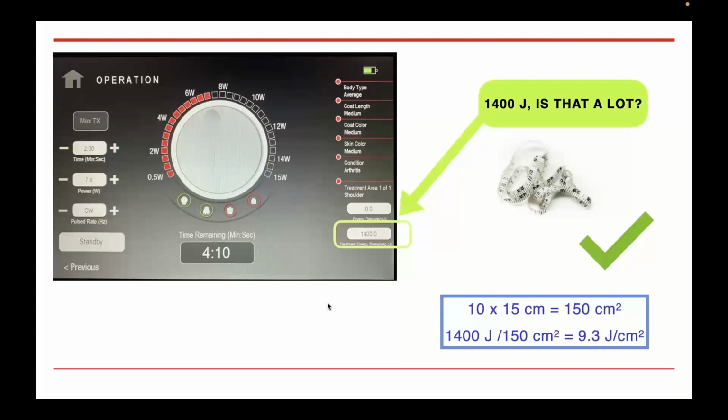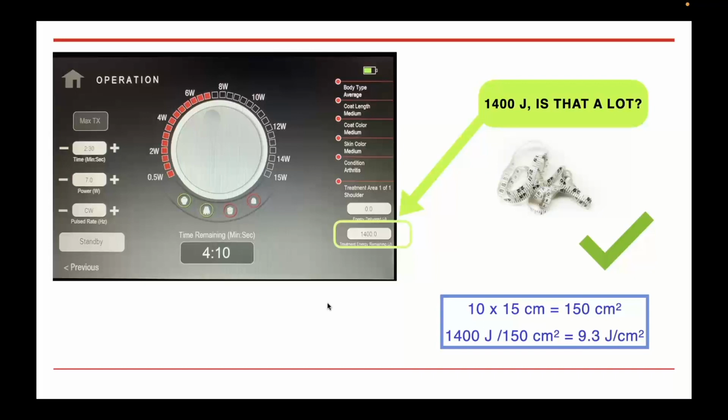Imagine we select through different screens until we get to our treatment for an arthritic shoulder of a mid-sized dog. Okay, and the screen is telling us that we are going to deliver 1400 joules. Now, how do we know if that's a lot? Well, we can measure our treatment area, and for example, it turns out to be 10 centimeters wide and 15 centimeters long.